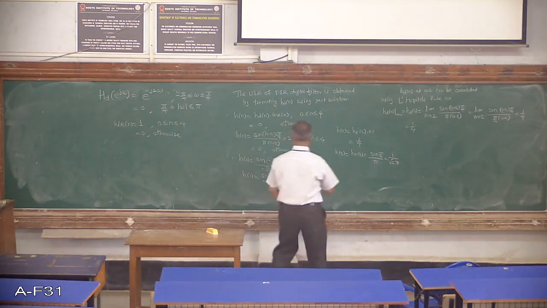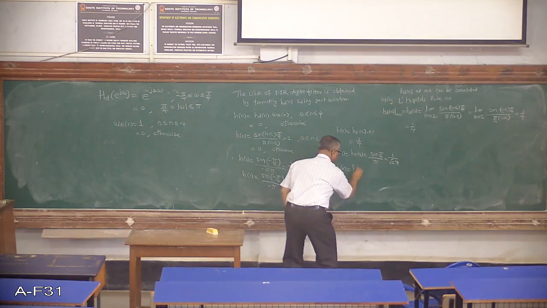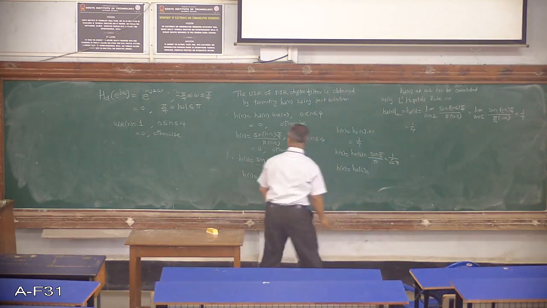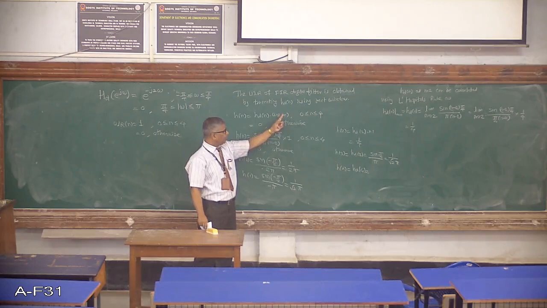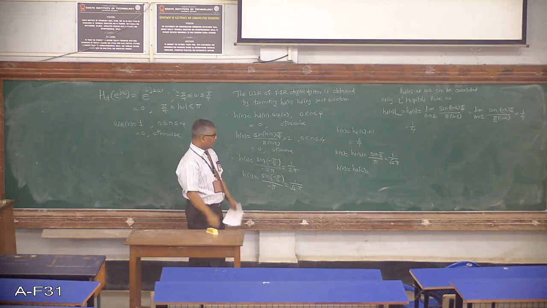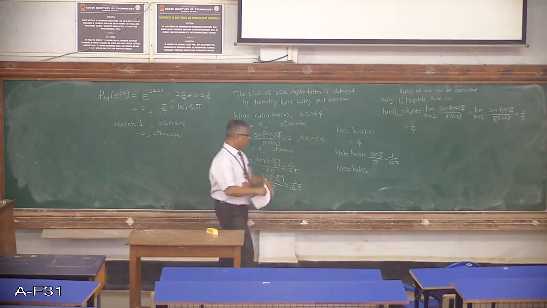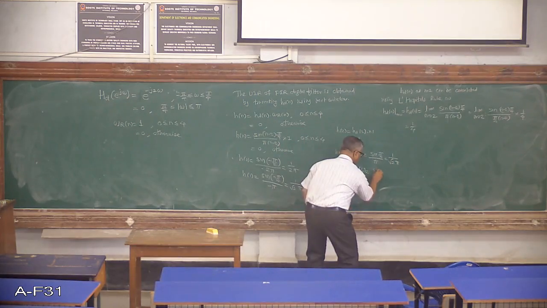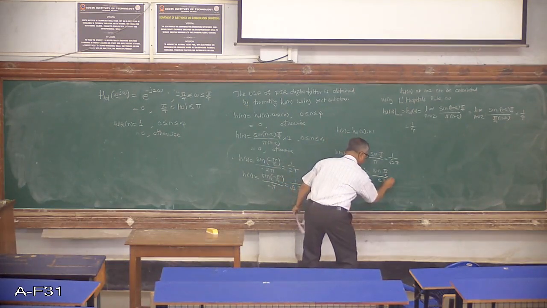Next value is h of 4. H of 4 will be HD of 4, because if you put n is equal to 4, the rectangular window takes value 1. HD of 4 is obtained by putting n is equal to 4 here. 4 minus 2 you get 2, so you get sine pi by 2 divided by 2 pi, so it is 1 upon 2 pi.